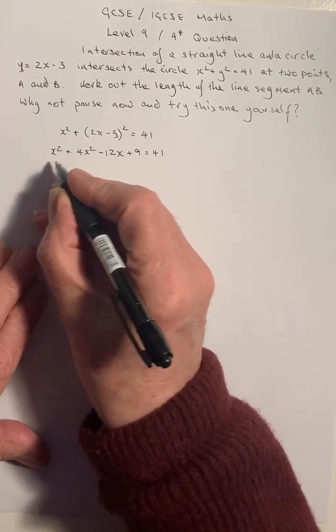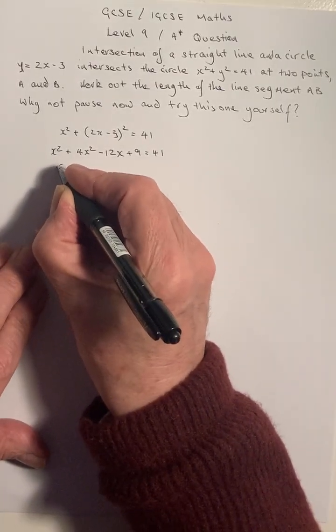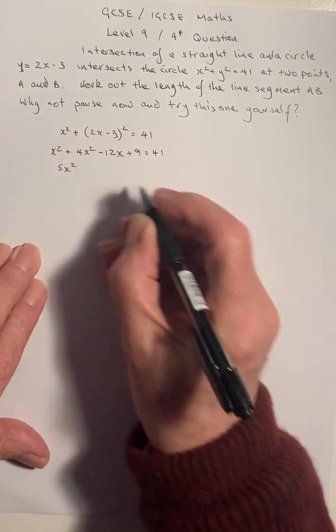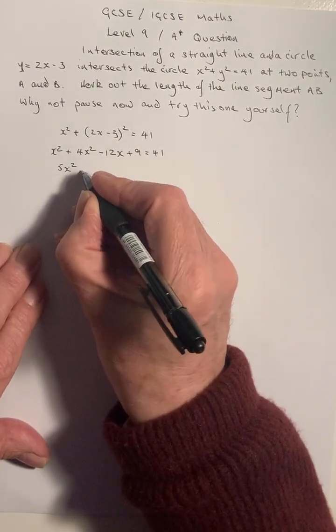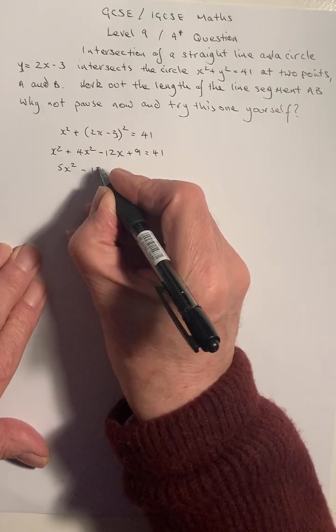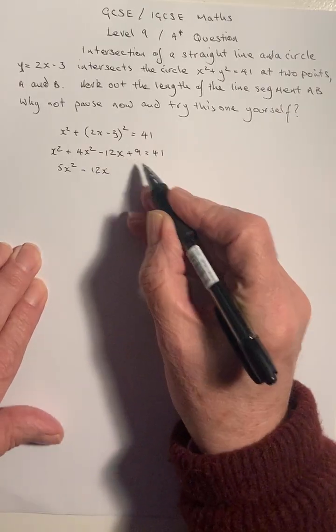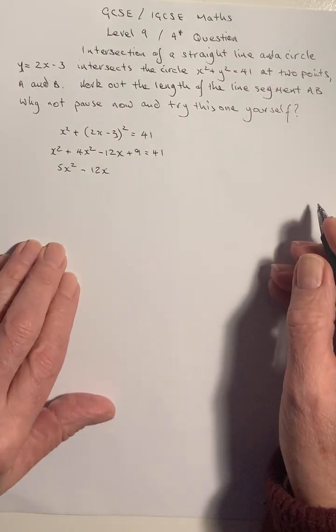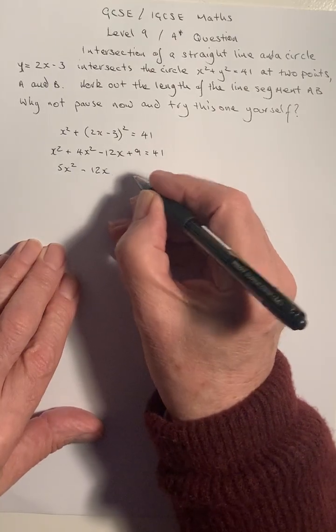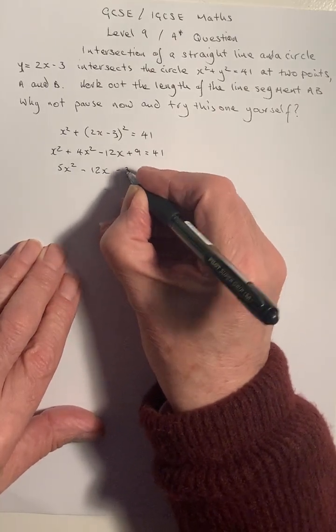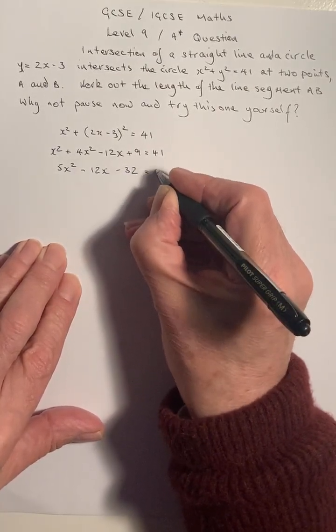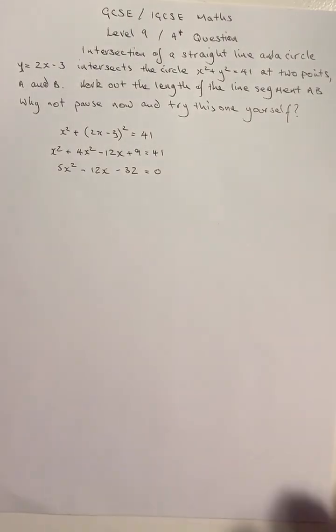So we have x squared plus 4x squared is 5x squared minus 12x, and we have plus 9, take away 41 is minus 32, equals 0. So this we now need to factorise, if we can factorise it.